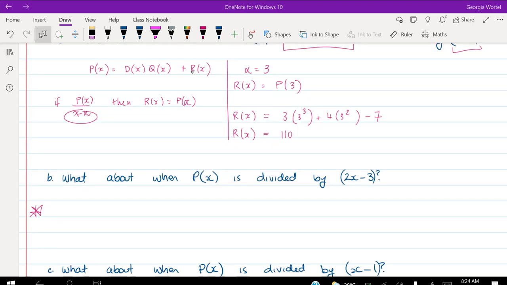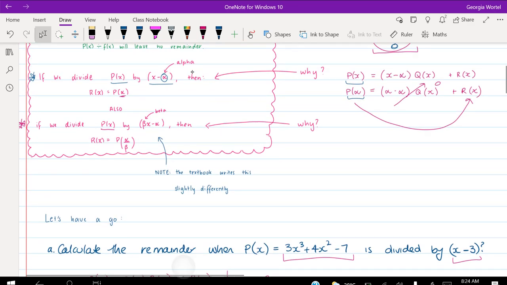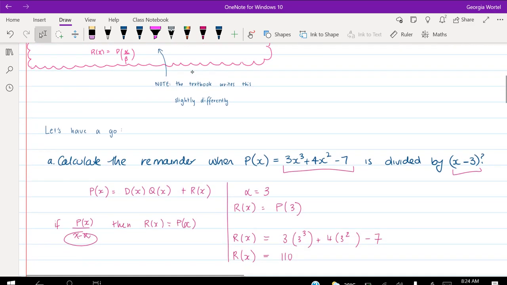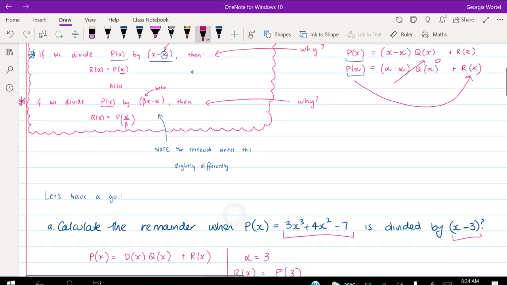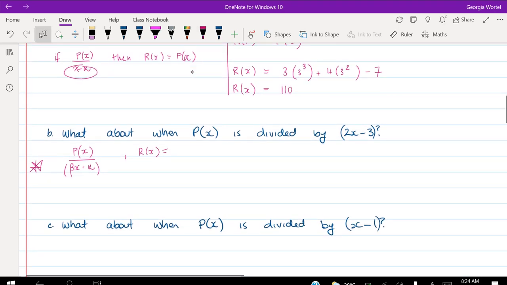Okay, so you should have, if P of x, as our remainder theorem states, is divided by beta x minus alpha, so this is the one that's more relevant in this case, then our remainder should equal our polynomial if we sub in alpha over beta.